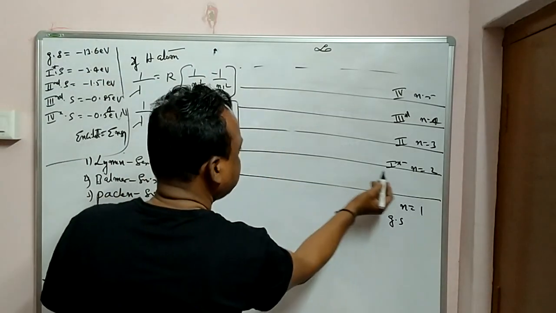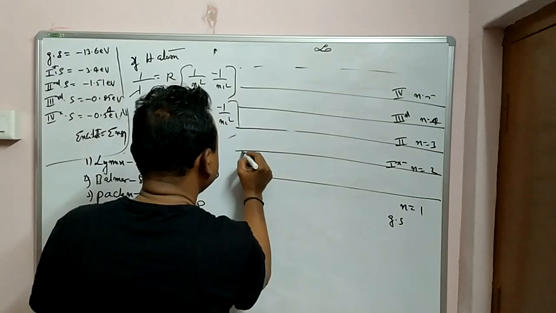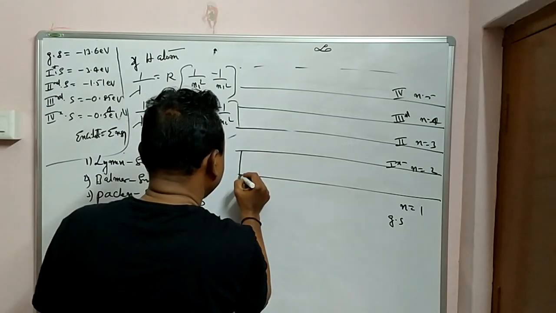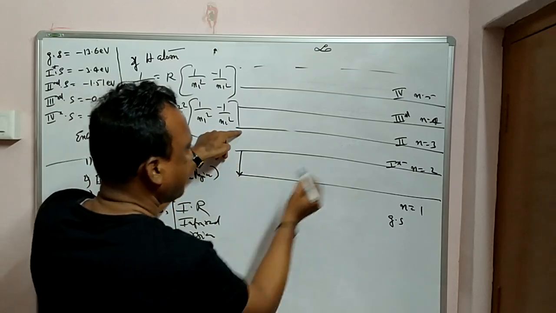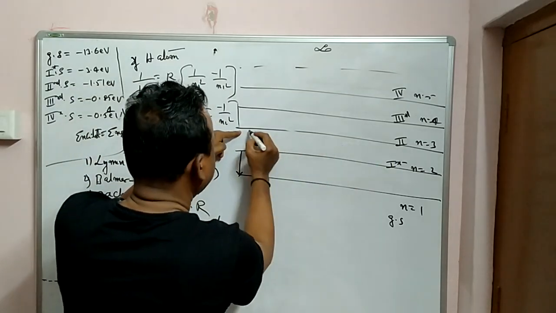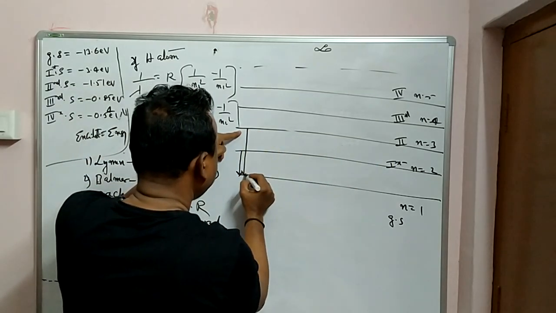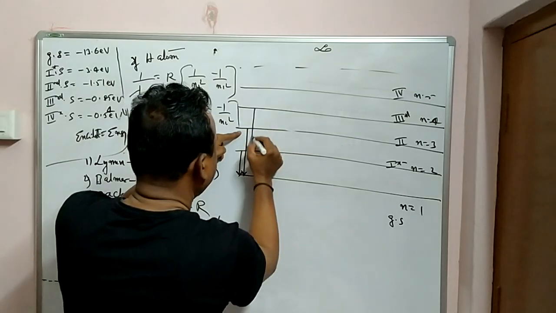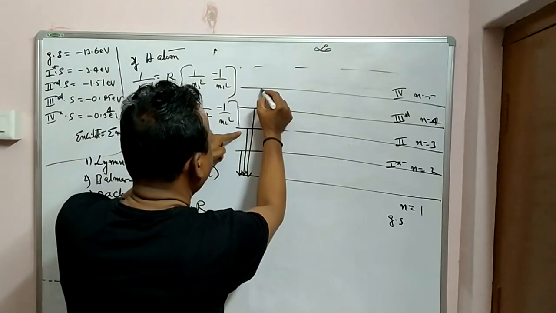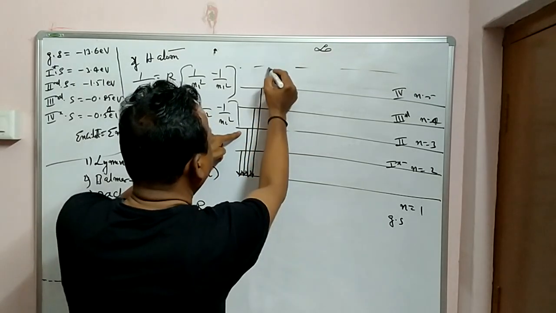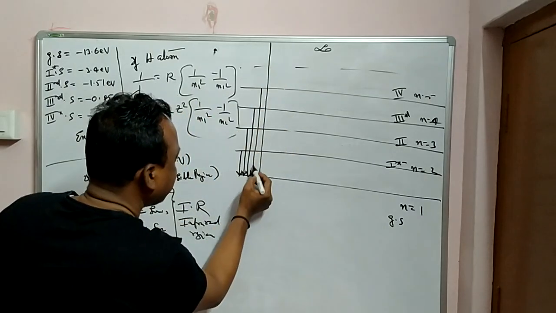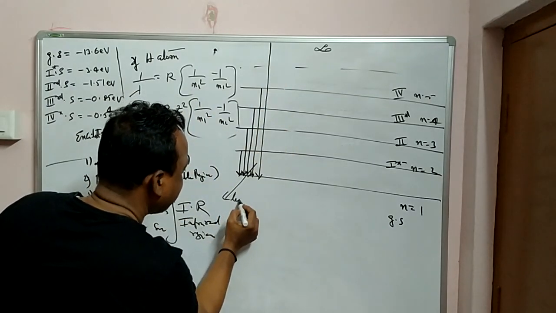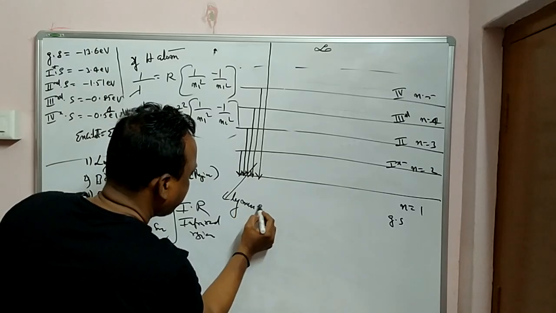So for example, it is coming from here, it has to reach the ground state, or it is coming from here, second excited state, it has to reach the first one, or from here, first one, or from infinity. So this series is called the Lyman series.